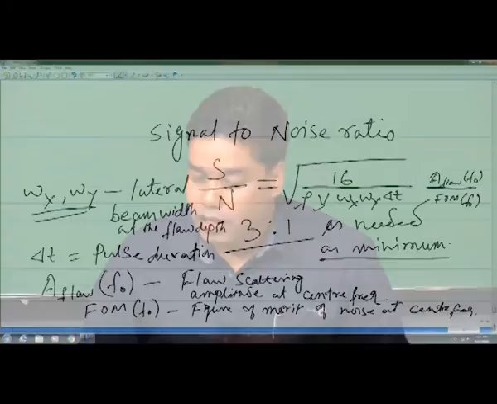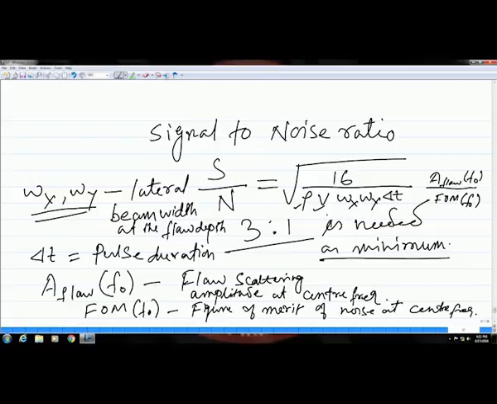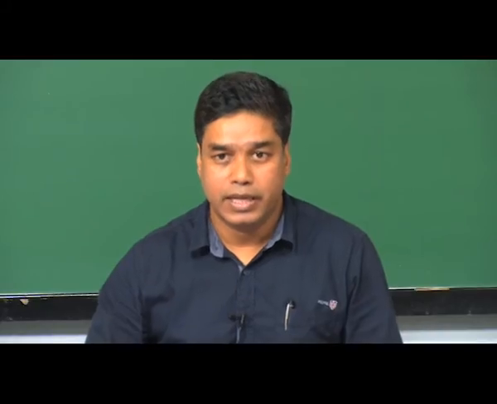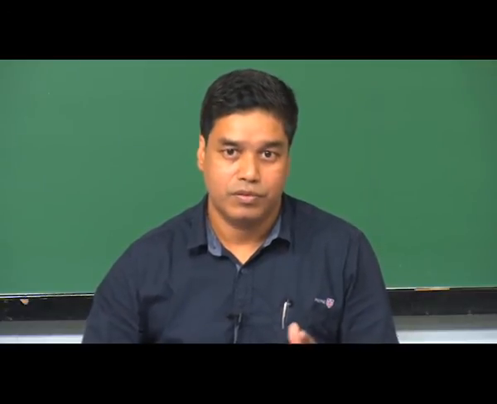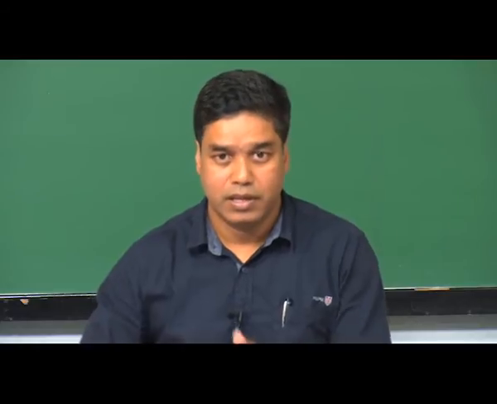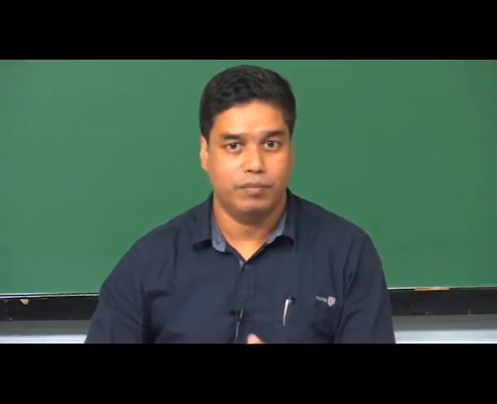Okay. Similarly, if you decrease delta t, that means if the pulse duration is less, which means if it is a shorter pulse, then again the detectability would be better. Okay. So, if you have a shorter pulse, the detectability is better.